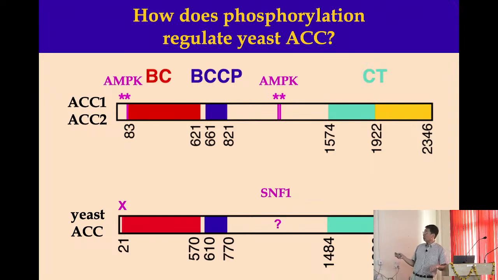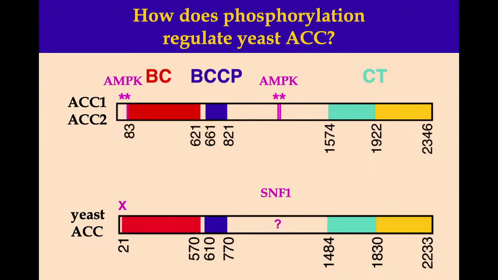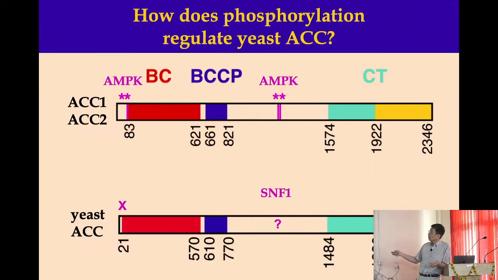The last story about ACC is AMPK phosphorylation. I showed you already how AMPK phosphorylation here can inhibit the enzyme, same as with soraphen A. So the question is, how do you put the phosphate here and phosphorylate and then kill the enzyme?